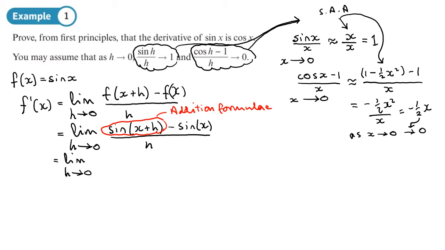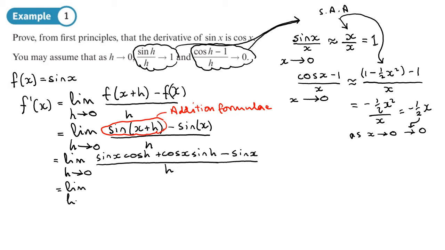So this will become, at the top, sine A plus B is like sine x cos h plus cos x sine h, minus sine x all over h.